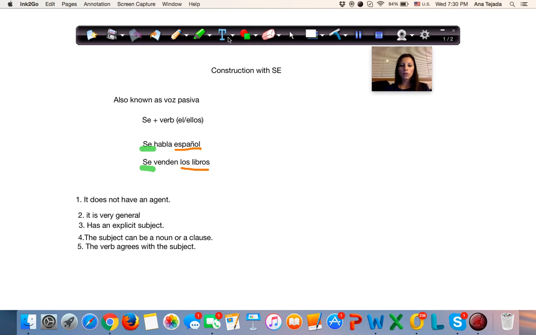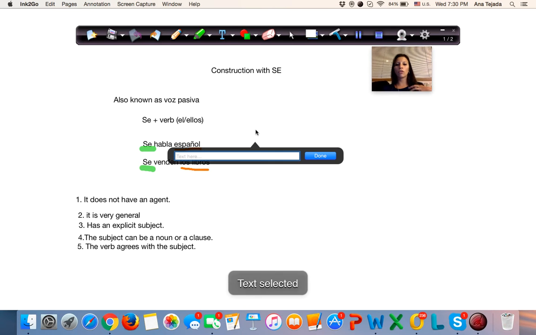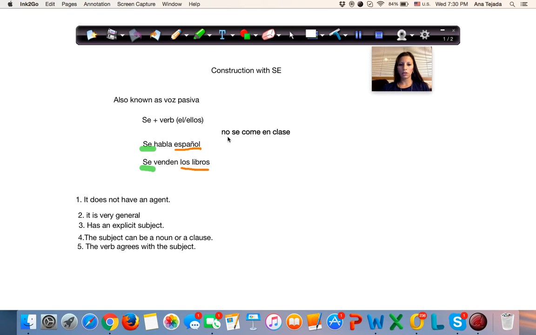Like I mentioned before, we can use this construction to form rules. Por ejemplo, no se come en clase. We're making a negative sentence, a negative rule.